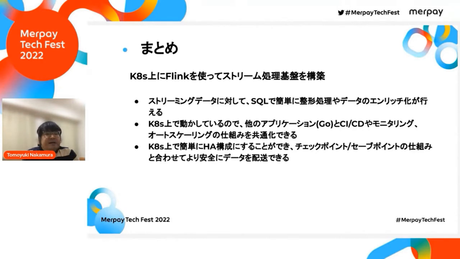Since we are running on Kubernetes, we can share CI/CD, monitoring and autoscaling mechanisms with other applications, namely Go. Since HA configuration is easy on Kubernetes, we are building an environment where data can be delivered more securely in combination with checkpointing and savepointing mechanisms.